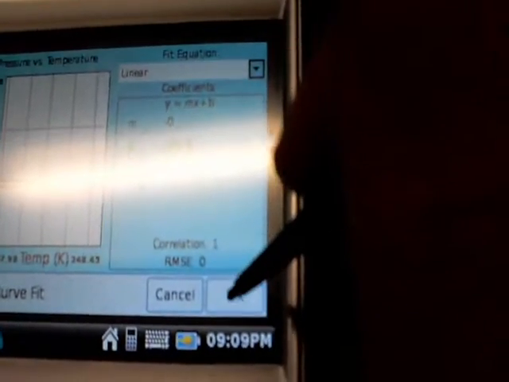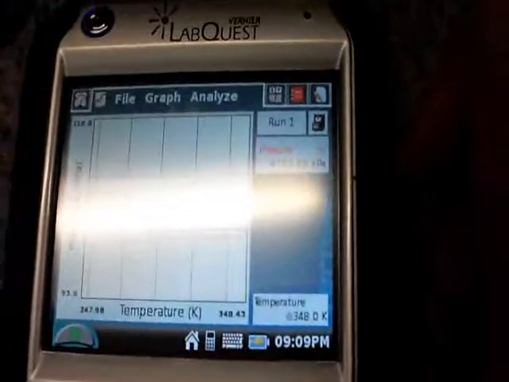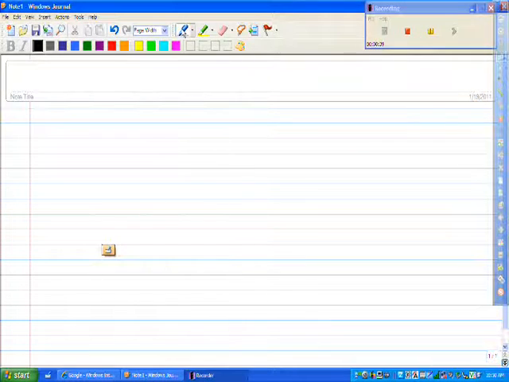Alright, and in a second we'll go over mathematically what to do with those numbers. Alright, so now we need to talk about how we're going to calculate the gas constant with our data from our lab.